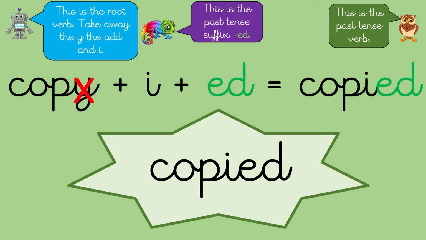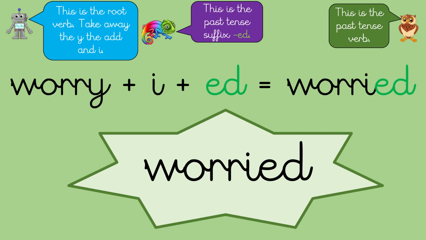Can you read it, guys? Brilliant. Copied. Can you read it now, guys, all together, this one? Brilliant job. Copied. This is the root verb. Take away the Y, add the I. Right, can you read that one, guys? What does this one say?